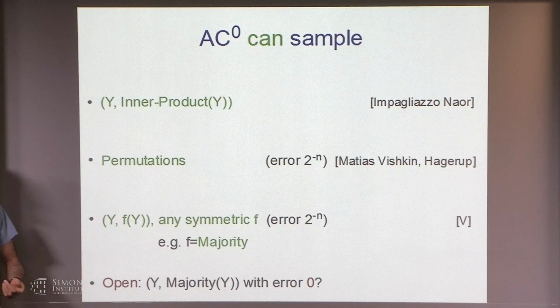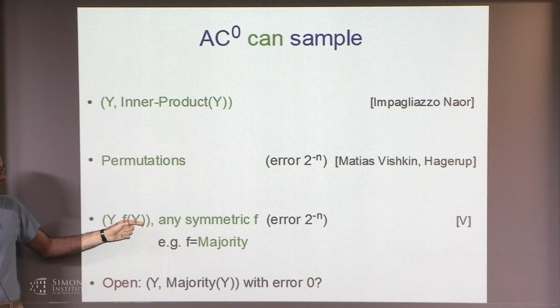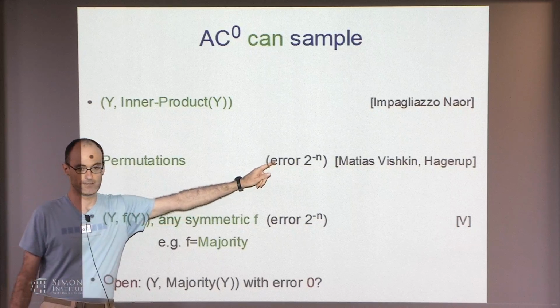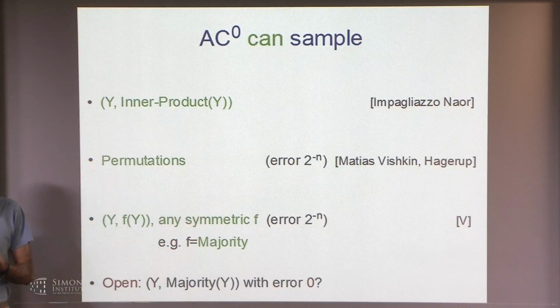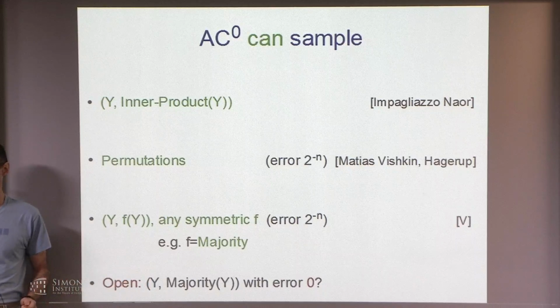So you have AC0 circuits which can generate a uniform y together with its majority, with something which I find much less obvious than the parity example. This thing is going to use that, and so it inherits this error. But it's conceivable that you could do this with error 0. So an open question for you is this: can you sample y, majority of y exactly in AC0?